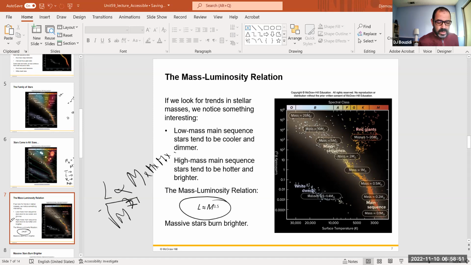That is what that expression is. In other words, the more mass a star has, the more luminous it is for the same temperature. So in a nutshell, this is what the expression means.